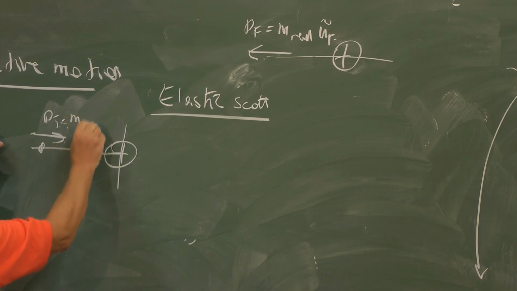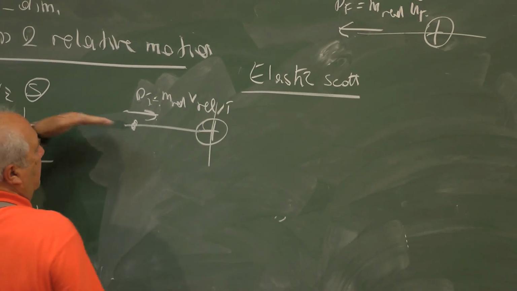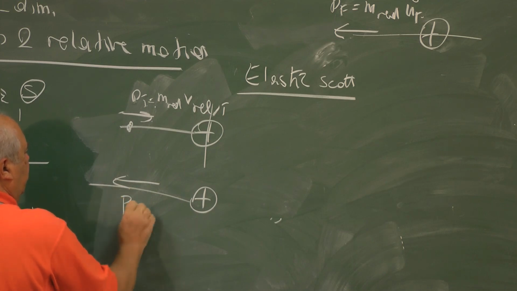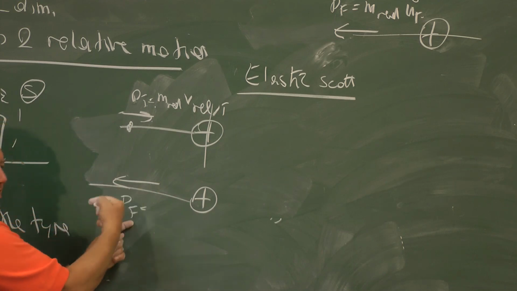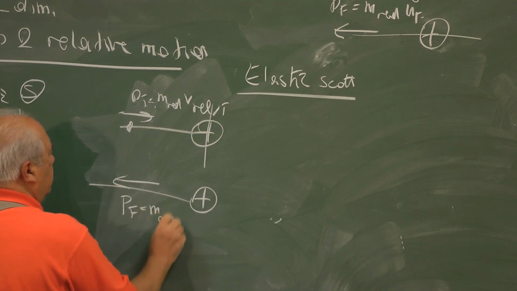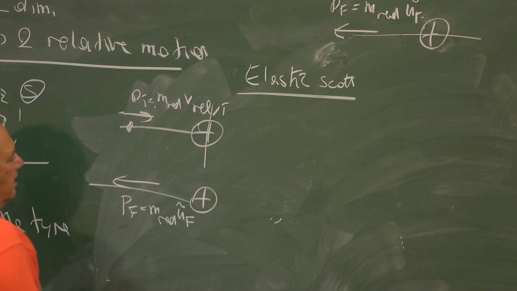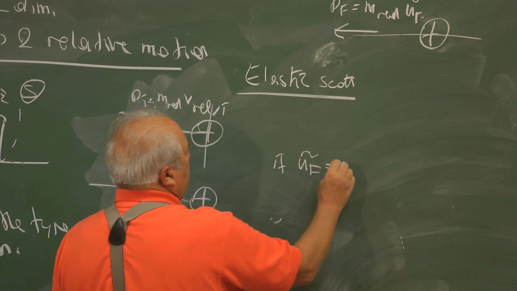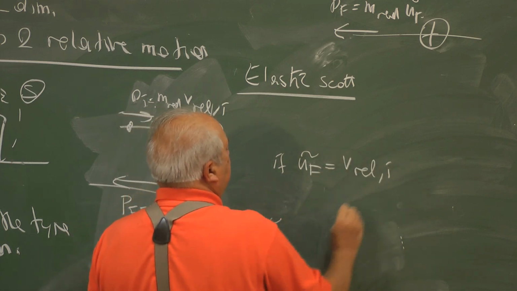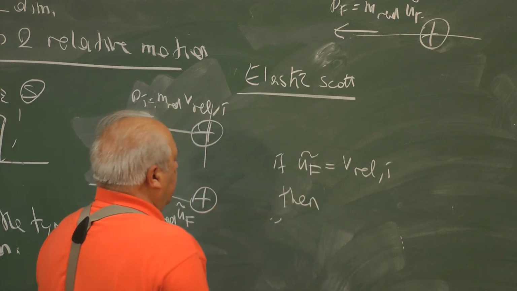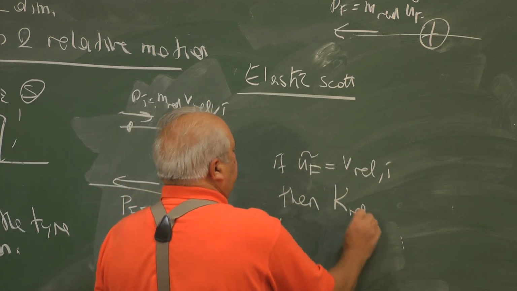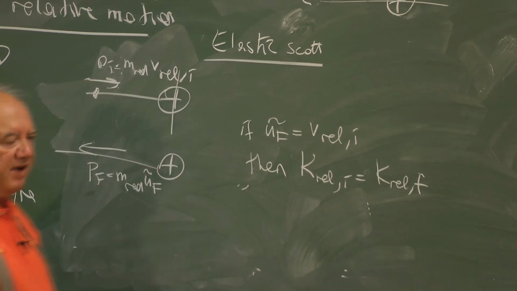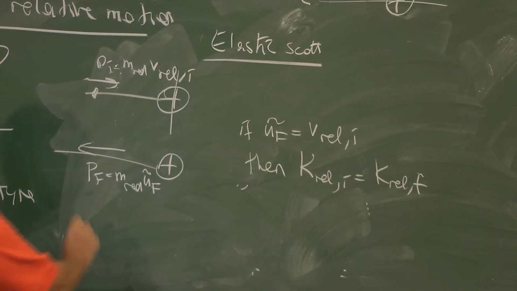So it is M reduced V relative I. It is coming in, and here PF equals PF in this direction, M reduced UF tilde, and if UF tilde is equal to V relative I, then K relative initial is equal to K relative final. Okay? The initial and final translational kinetic energies are the same. So this is the elastic scattering.